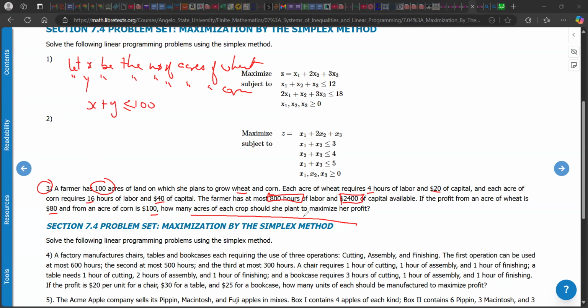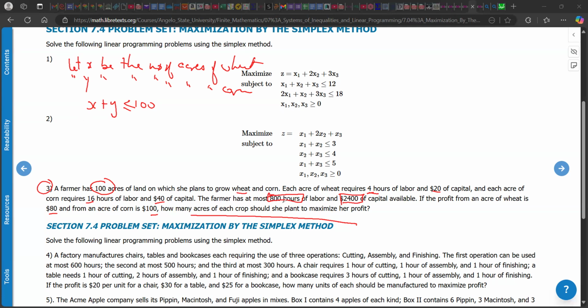Mention is made that each acre of wheat requires 4 hours of labor. Let me leave the money for a second. Let's leave it at the hours. 4 hours of labor, and corn needs 16 hours of labor.